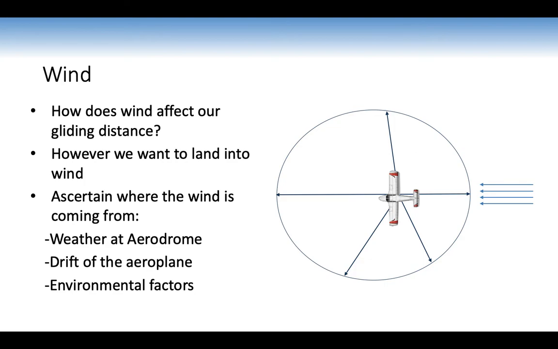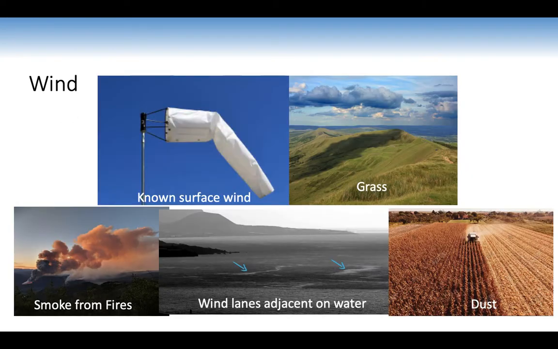You can use weather at the aerodrome, such as the ATIS and the TAF. You can use the drift of the aeroplane, so if you're on a navigational exercise, you can know where the wind is coming from and land into wind straight away. And environmental factors as well, which I'll show you.